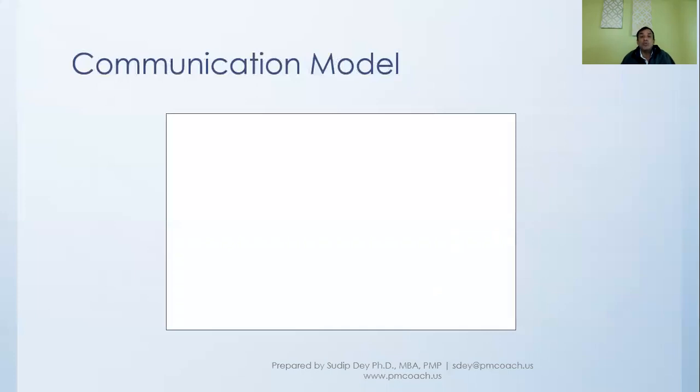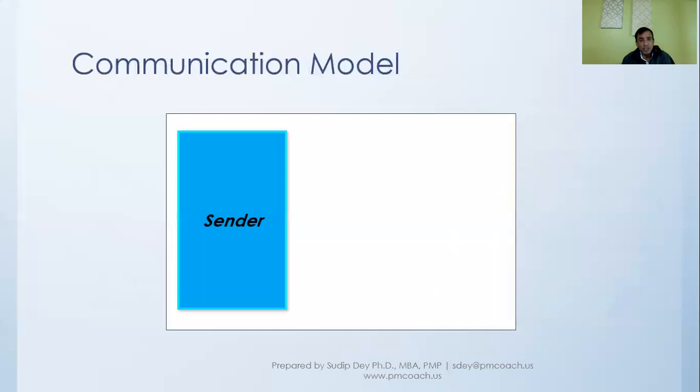And so we will discuss a communication model which takes care of all the different things that come into communication. And when we understand that, we can see how we want to apply this in the different kinds of communication that we make.